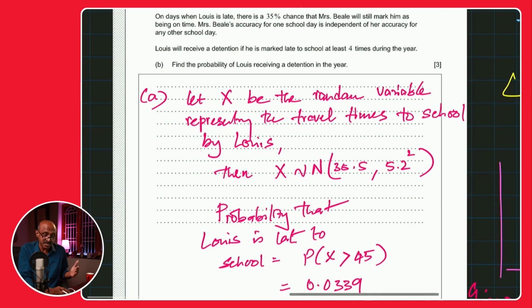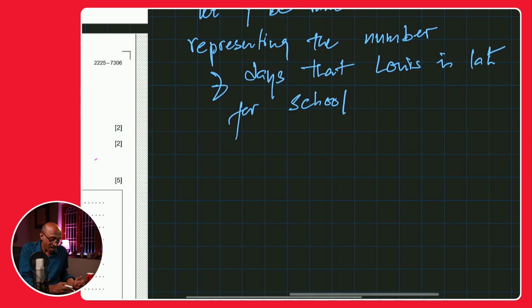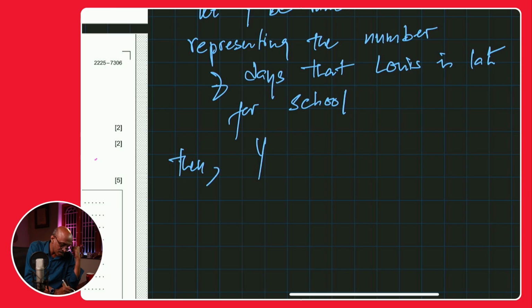All right, so you can see I've clearly distinguished x and y. X represents the travel times, that's the random variable. Y is another random variable that is talking about the number of days that he's late. That's a discrete random variable, and clearly y is approximated by a binomial, Binomial n comma p.